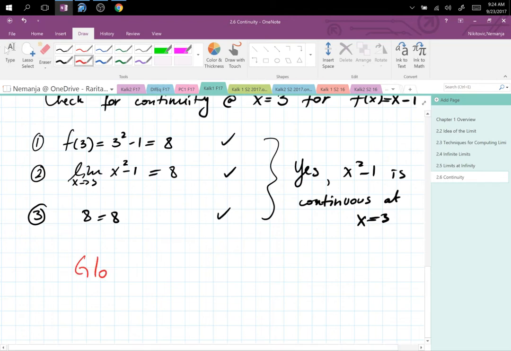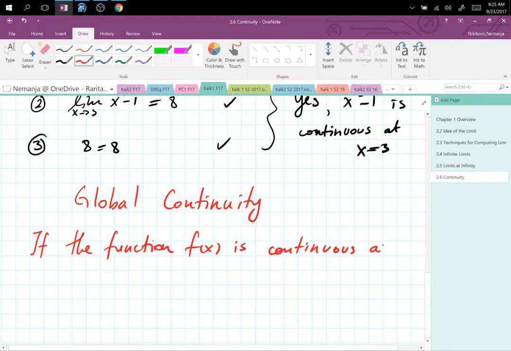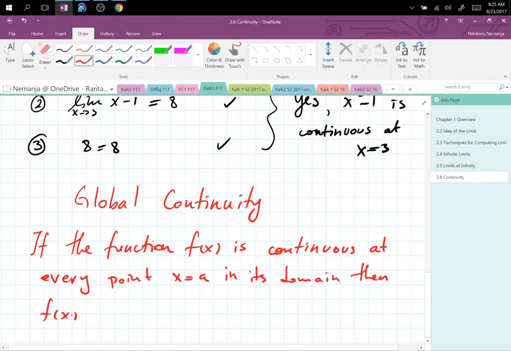So, global continuity: if the function f of x is continuous at every point x equals a in its domain, then f of x is globally continuous.